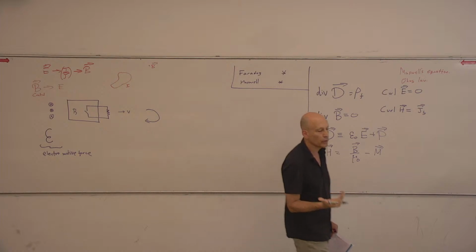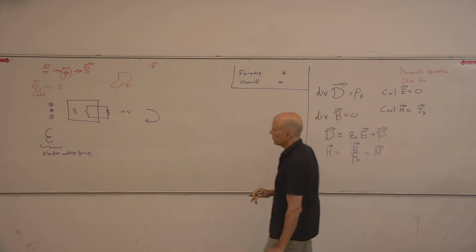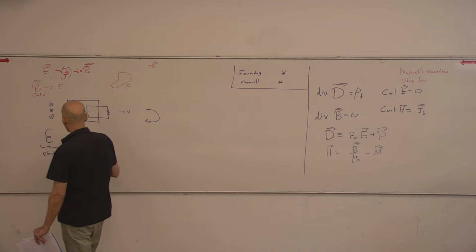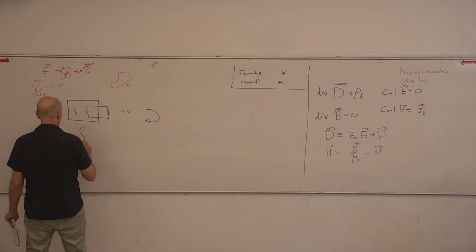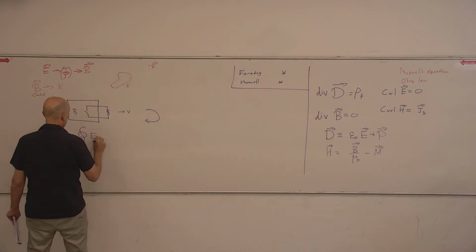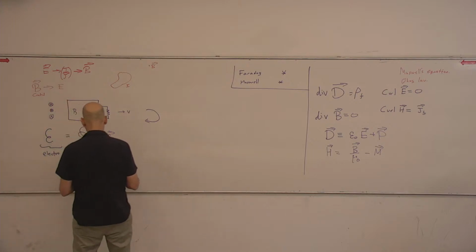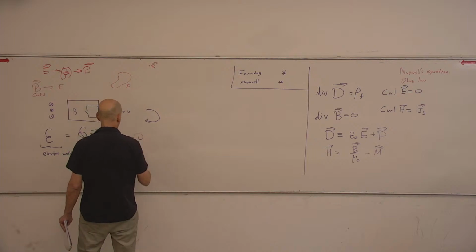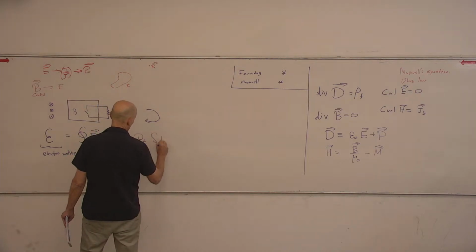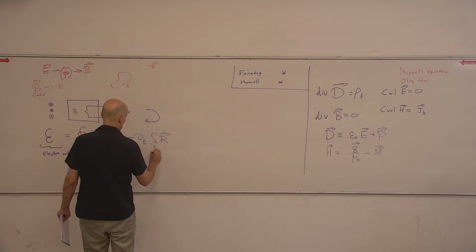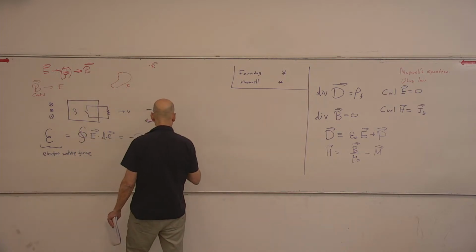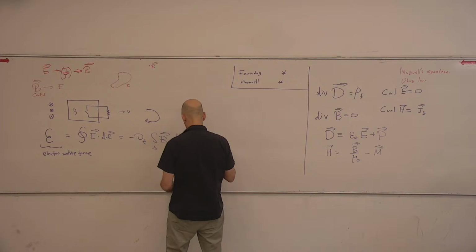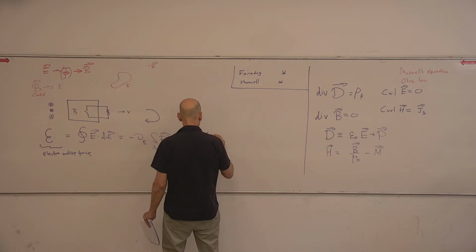It's actually kind of a potential. This is the integral of E dot dl. I'll explain this soon, the best I can. Actually, this is a very deep equation. This is Faraday's law. This is equal to minus dΦ/dt, by definition.